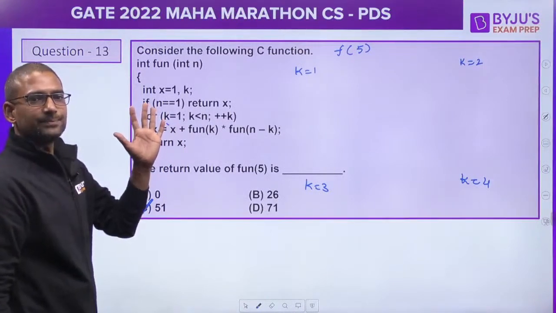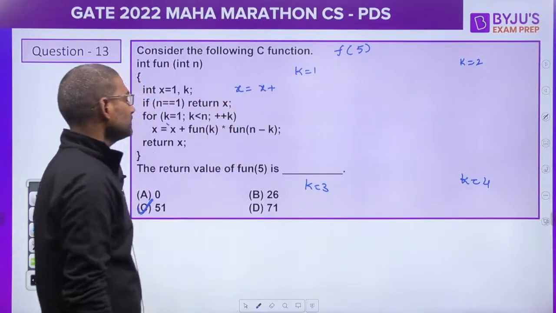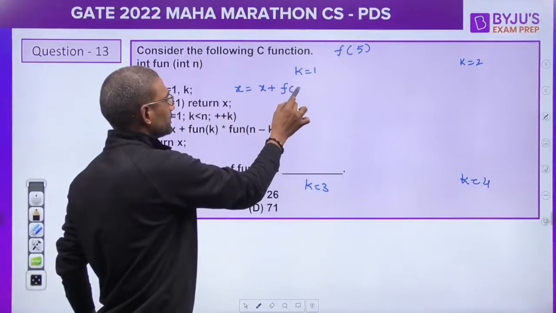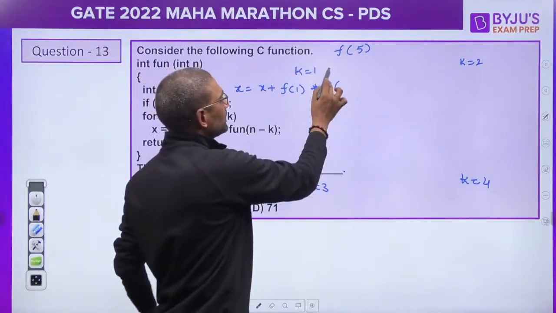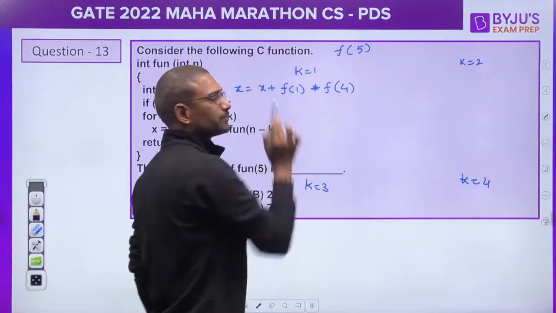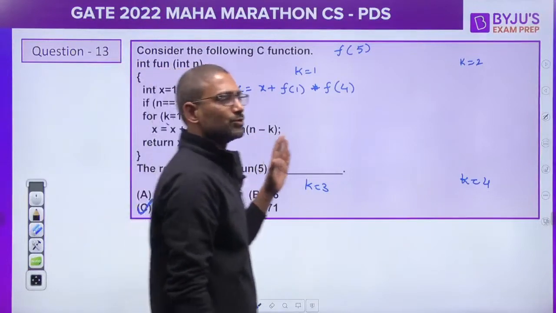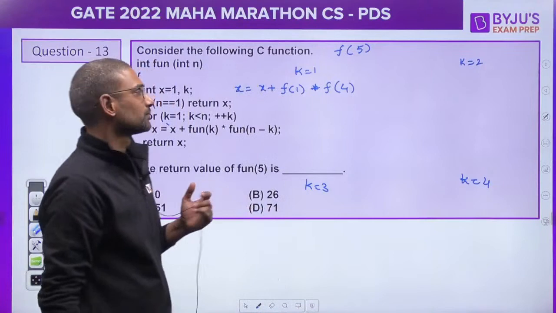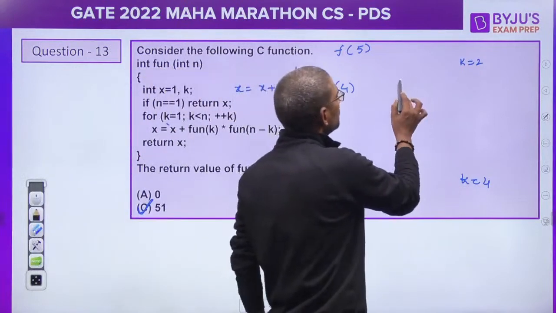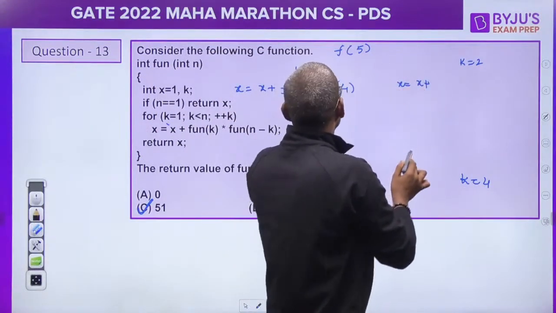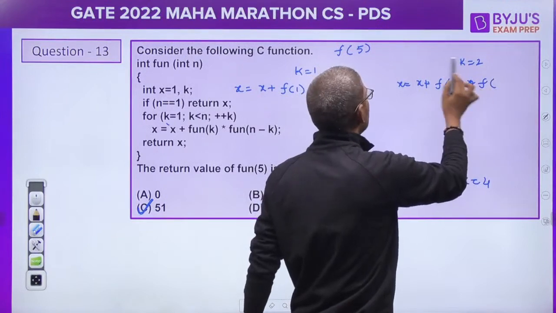When k equals 1, x is equal to x plus fun of k multiplied by fun of n minus k. n is 5, 5 minus k is 4. Okay. Now k is 2. When k is 2, x is equal to x plus fun of k multiplied by fun of n minus k, that is 3.